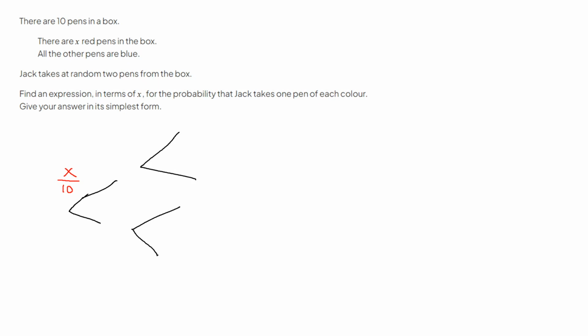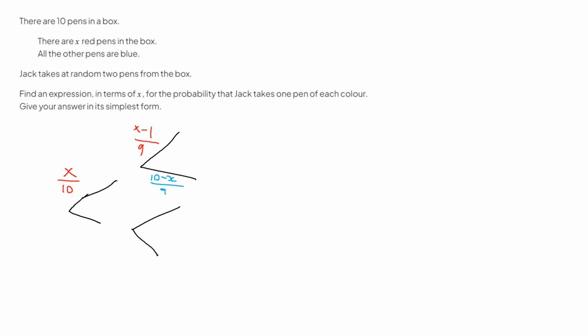So what's the probability of me getting another red pen? Well, all we need to do is minus top and bottom from 1. So this is going to be X minus 1 over 9, because we're removing a red pen out of the box. Likewise for the blue, this is going to be 10 minus X over 9, isn't it?